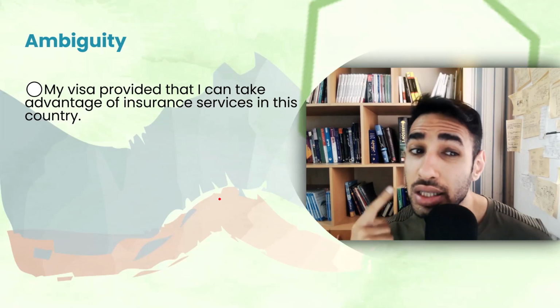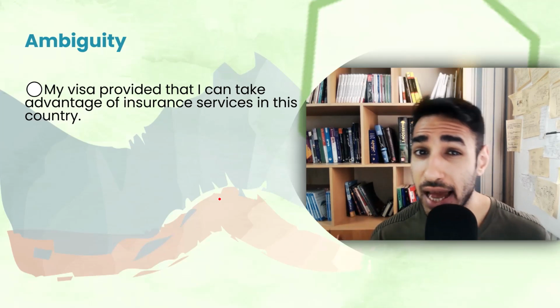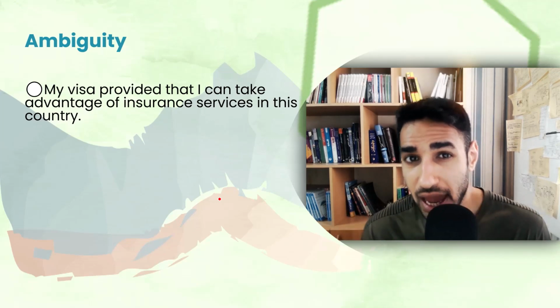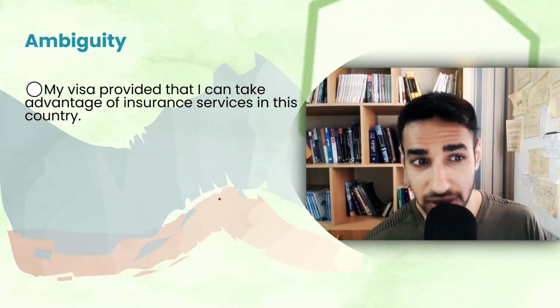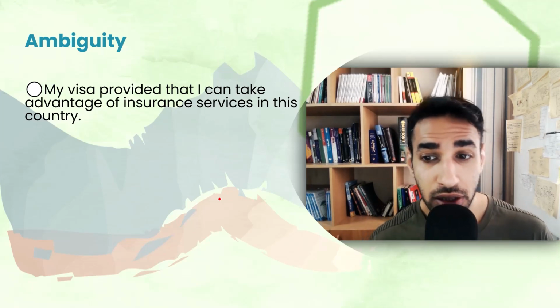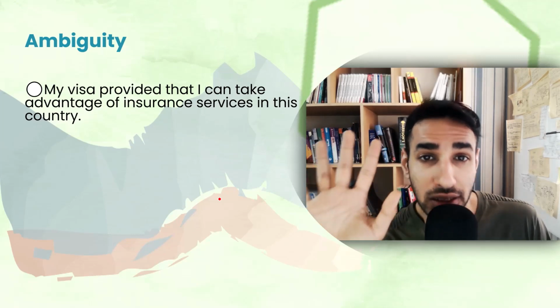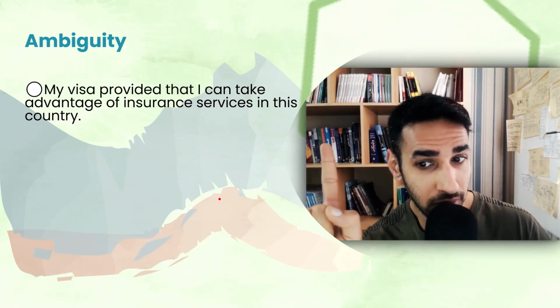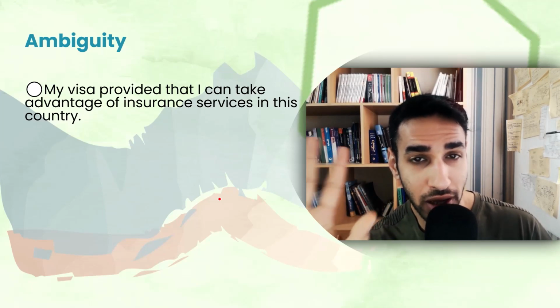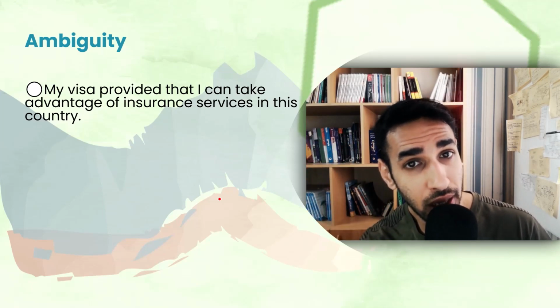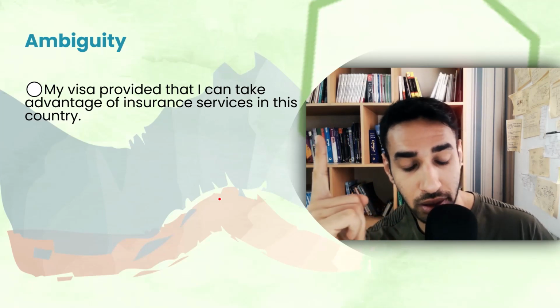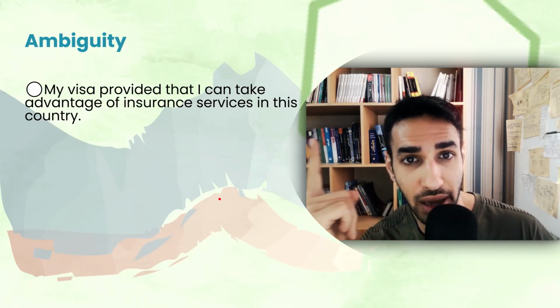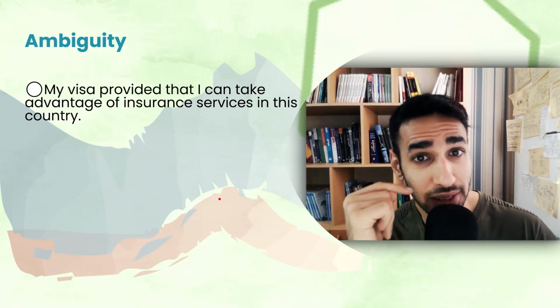My visa tells that, says that, stipulates that, states that. So here provided does not mean on the condition that. Bear in mind that provided that has other meanings, and don't create any ambiguity in your sentence.